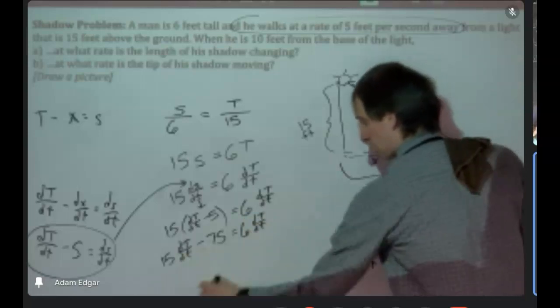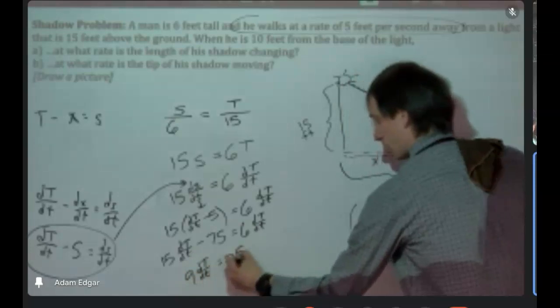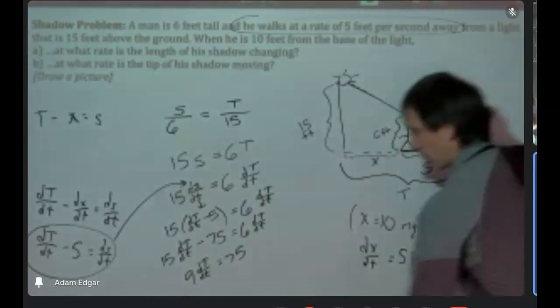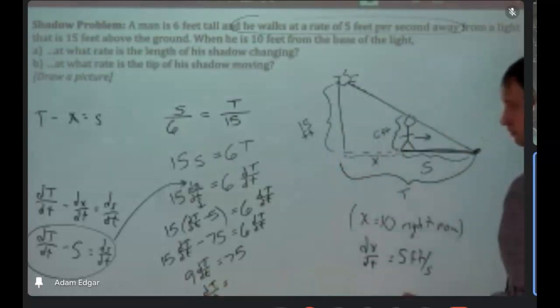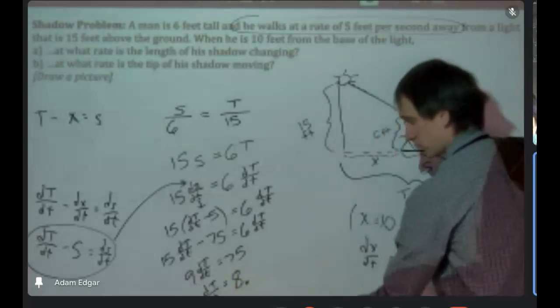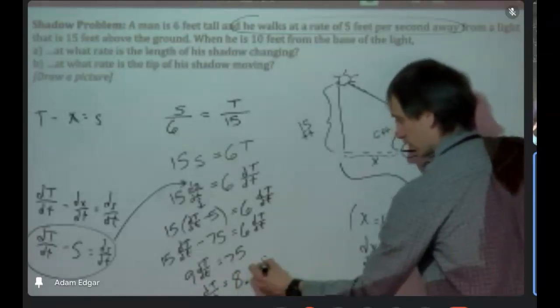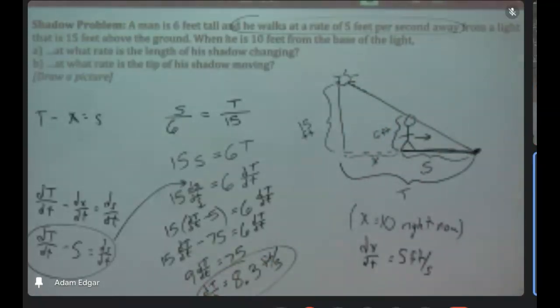Subtract. Add 75 over, and what's 75 divided by 9? 8 point, somebody said 3, 8.3. That's 8.3 feet per second. So that's how fast the tip of the shadow is moving.